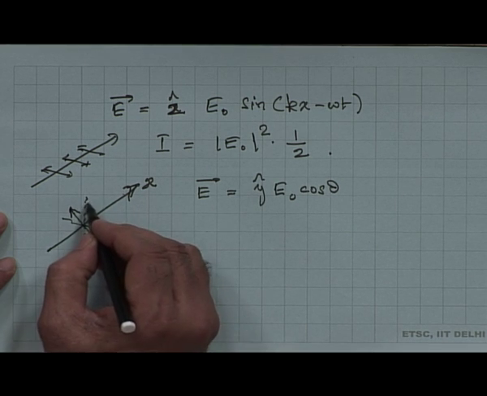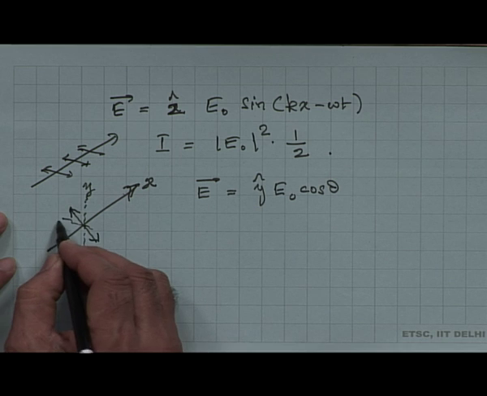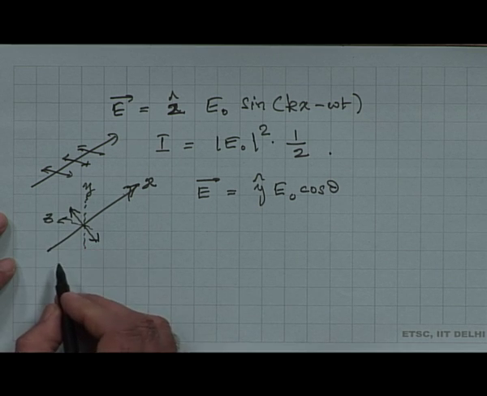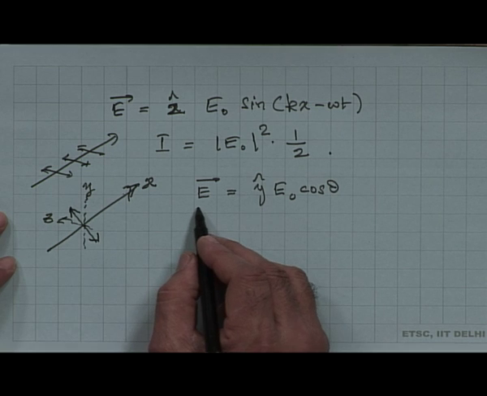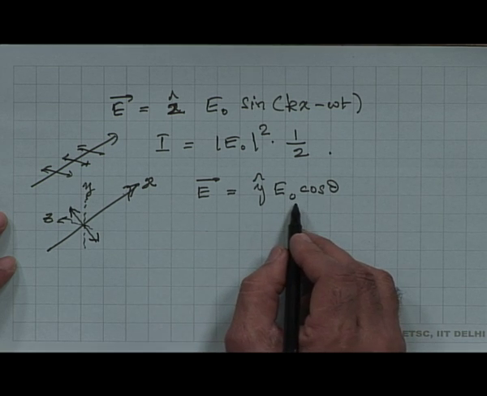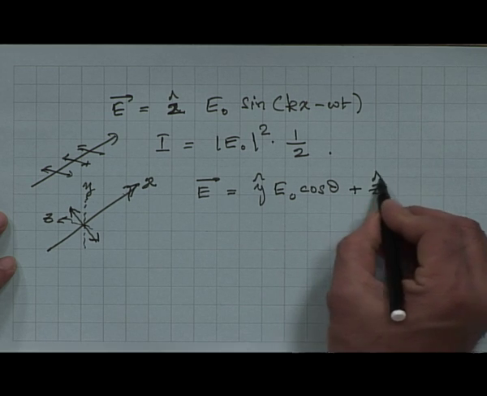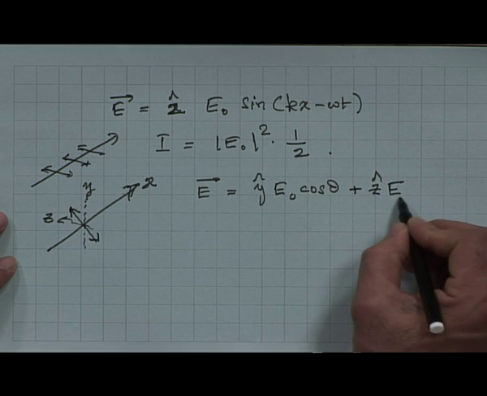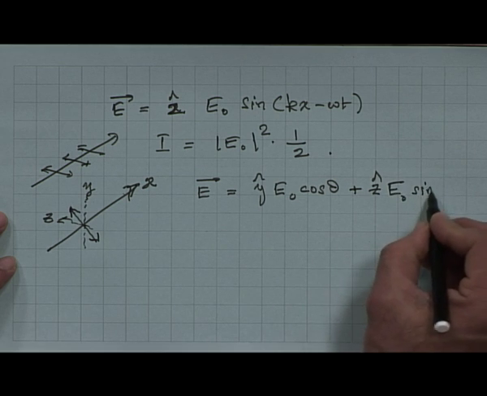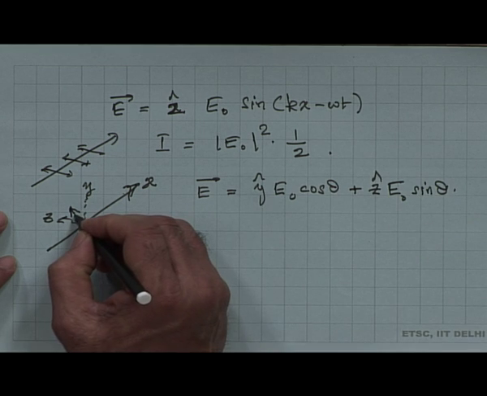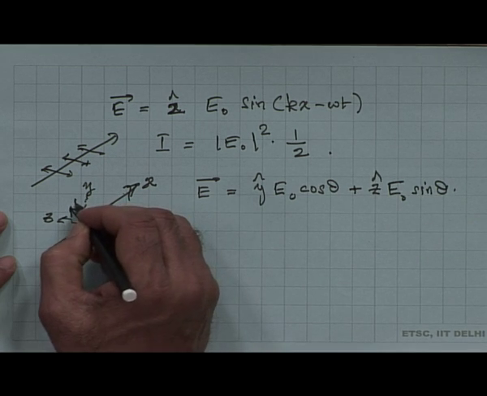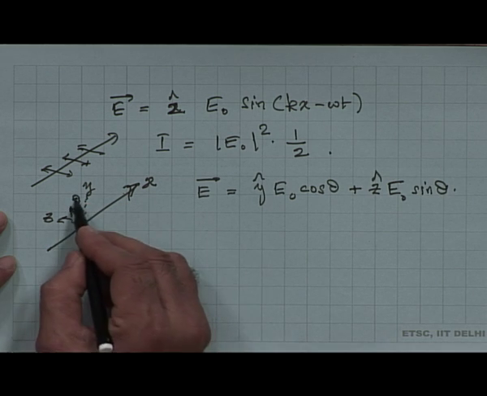Therefore, this comprises one y component and one z component, and the electric field can be represented by y cap E 0 cos theta plus z cap E 0 sin theta. What is theta? Theta is the angle between the field and y.